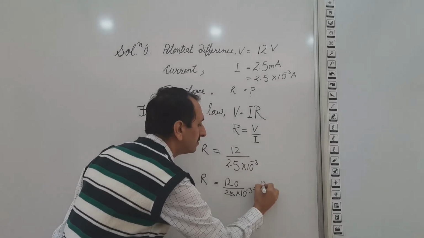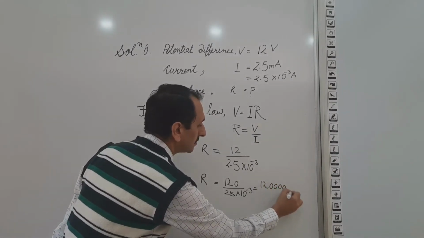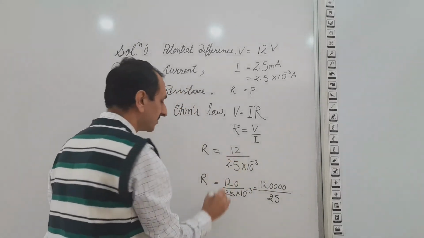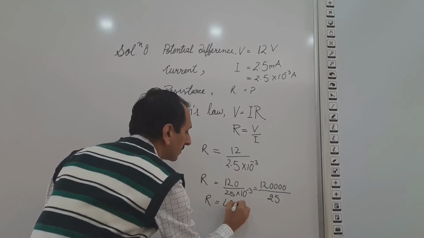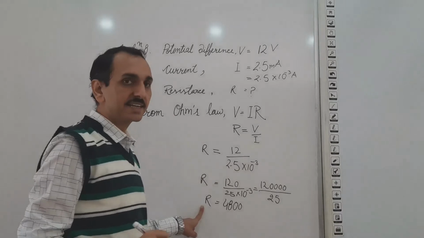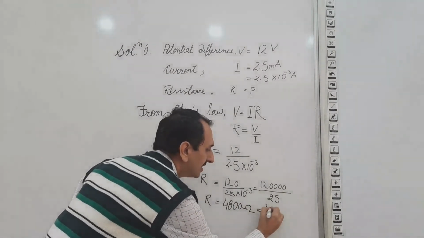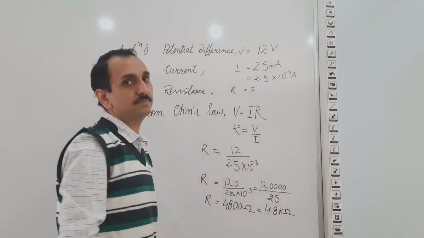Then it will become, when we solve this, the answer will be 4800, and this is resistance. That's why its unit will be ohm. We can write this likewise 4.8 kilo ohm.